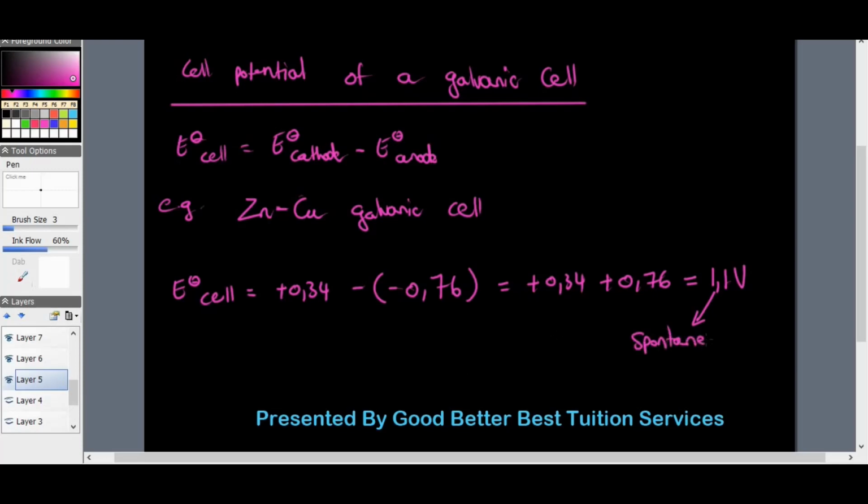A positive value also indicates that the forward reaction of the redox process is favored. Just like with chemical equilibrium, we find out which reaction is favored. Well, the forward reaction is favored here, and the higher the value, the further the equilibrium lies to the right.